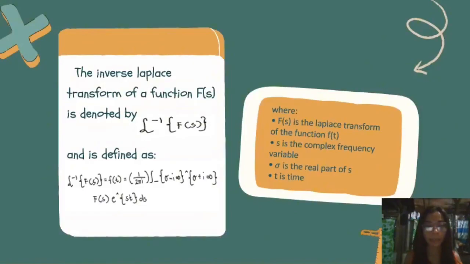The inverse Laplace transform of a function F(s) is denoted by this equation and is defined as this equation, where F(s) is the Laplace transform of the function f(t). s is the complex frequency variable, sigma is the real part of s, and t is the time.